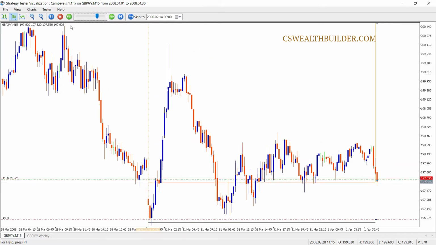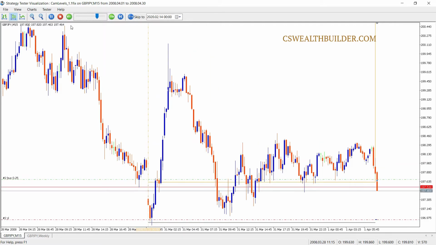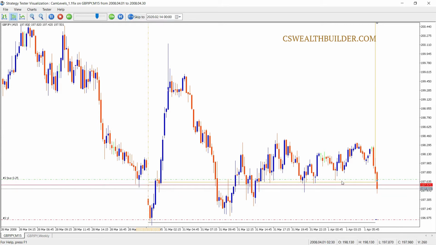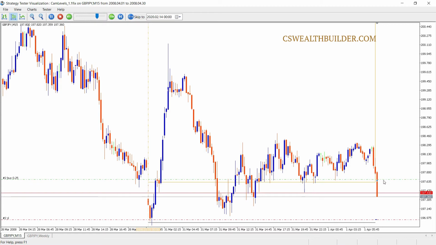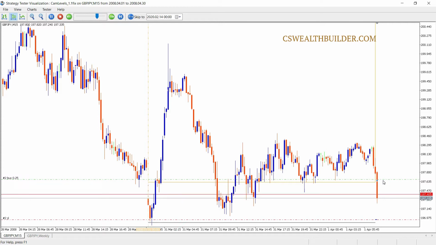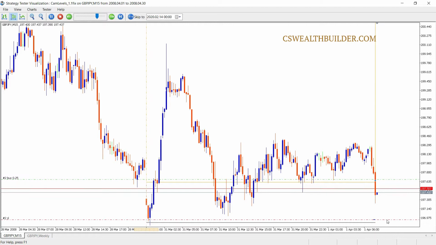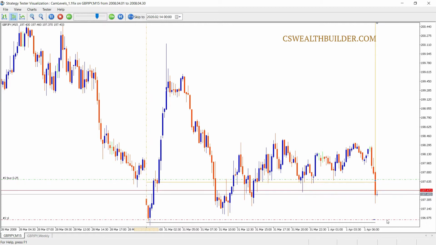And here we are. Our robot, as you can see, placed an order right here at the green line. He bought some currencies, and it places a red line, which is our profit target if it's over the green line.